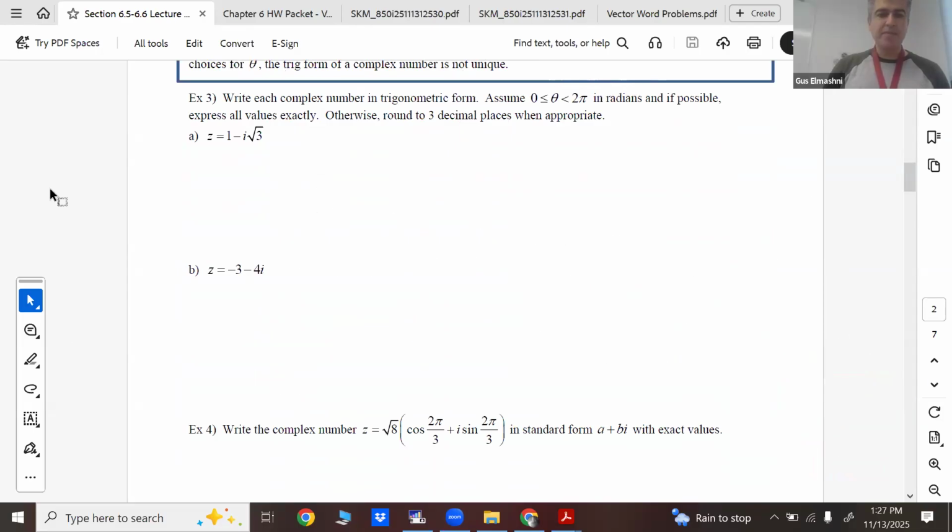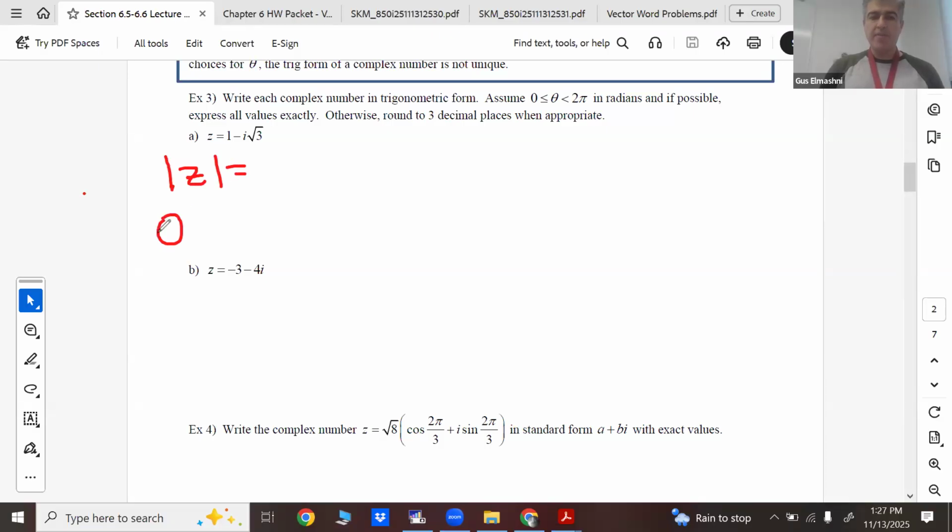But crazy is okay. So this one here, you're asked to write each complex number in trigonometric form. Assume theta is between 0 and 2 pi, and possibly express all values exactly. Sometimes we may have to round, so we'll see. I think we have to do it for part B. So what I'm going to do is I need to find the absolute value of z, or the magnitude.